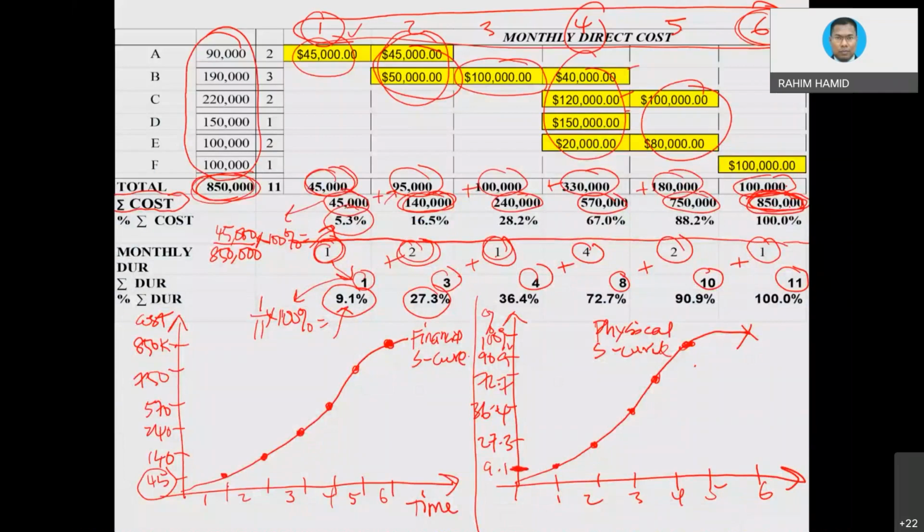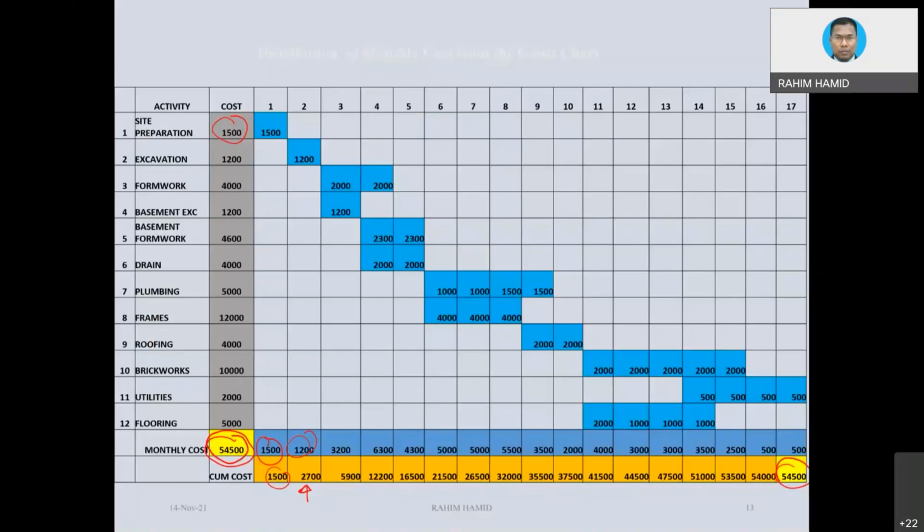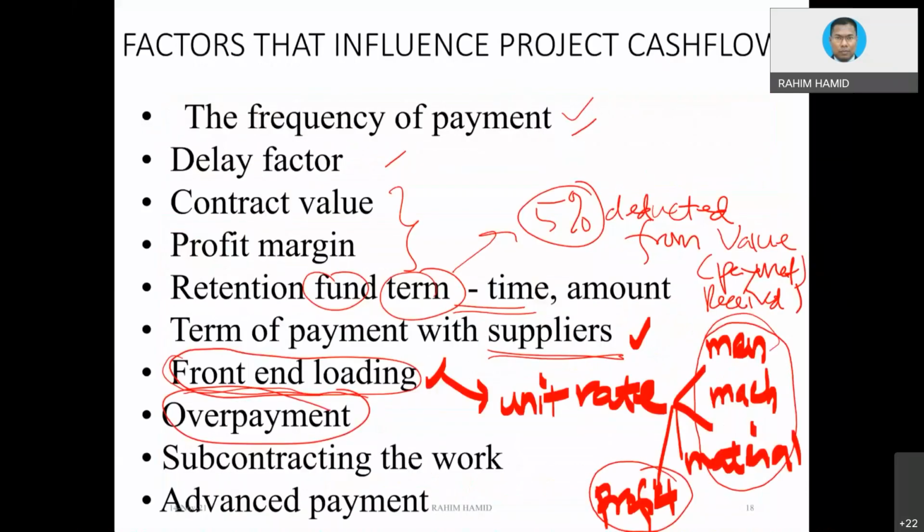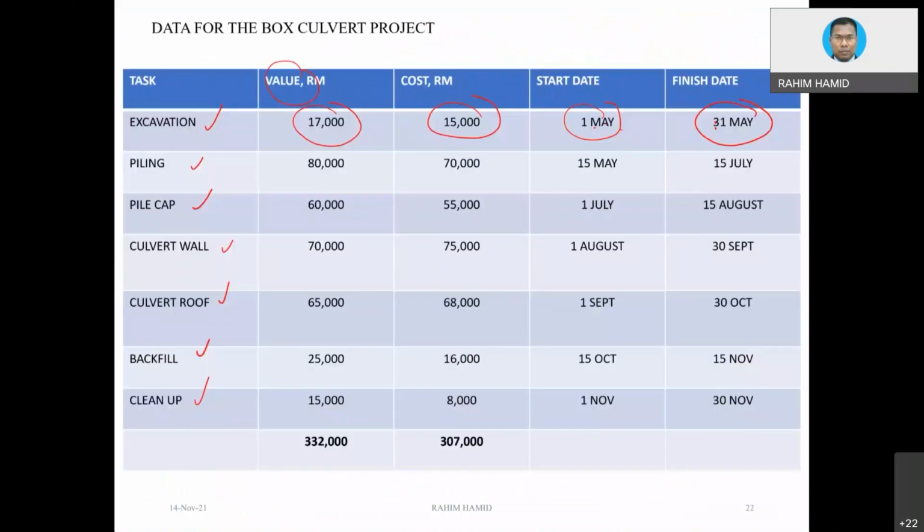So the Gantt chart now is given in date form. In this kind of situation, the question is much simpler. Once you already have the dates there, you can basically draw your Gantt chart easily.